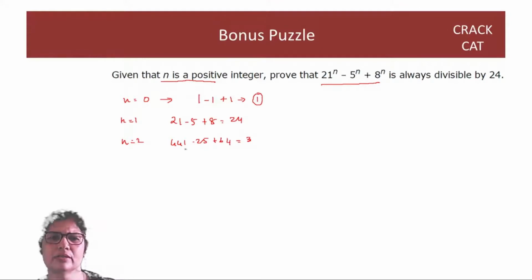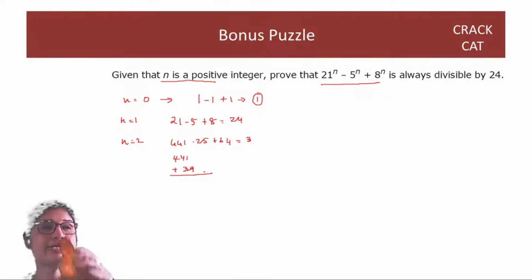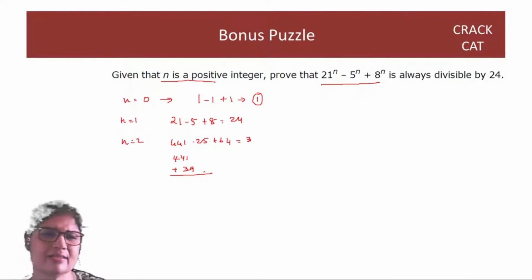Yeah, we are good. Plus 39. I don't know why I'm subtracting 64. Yeah, so this is 480. So with numbers, you get a sense that this is true, right?